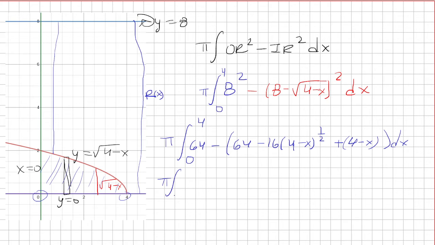And at this point, I can do some simplifying. The 64s are going to cancel. We have a minus minus 16, so that's positive 16 times the square root of 4 minus x. And then the negative is going to distribute to the 4 and the negative x.